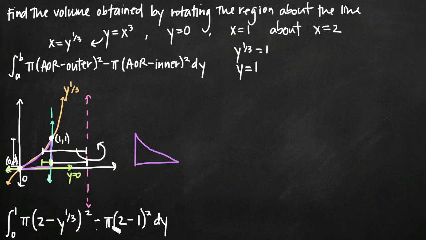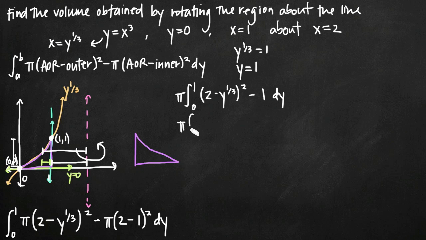So now it's just a matter of simplifying the integral as much as we can and evaluating the limits of integration. So we have, first of all, we can always factor out pi because we have pi as a constant coefficient on both of our terms. So we'll factor out pi and we'll say 0 to 1 of 2 minus y to the 1/3 squared minus 2 minus 1 is just 1. When we square that, we just get 1, and then dy.